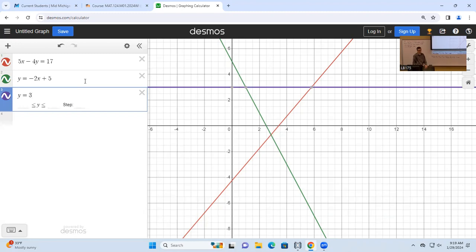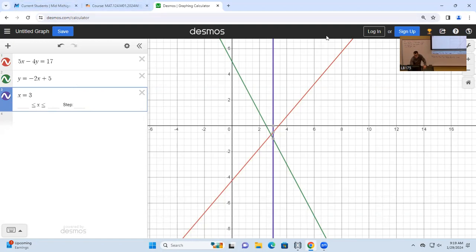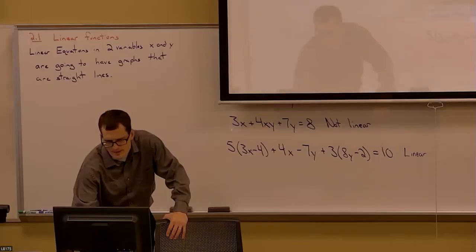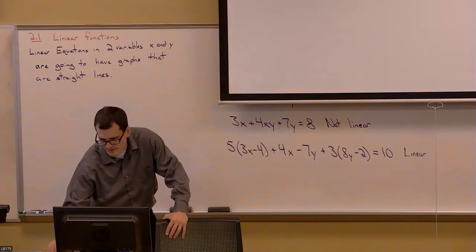Y equals a number gives you a horizontal line. And you get a vertical line by taking x equals some number, and then graphing it in 2 dimensions. That makes sense? So that's that.